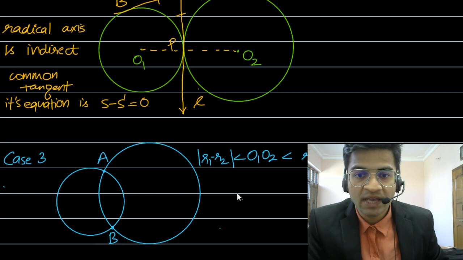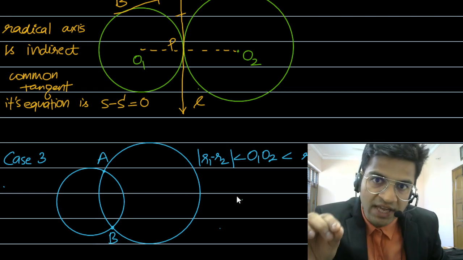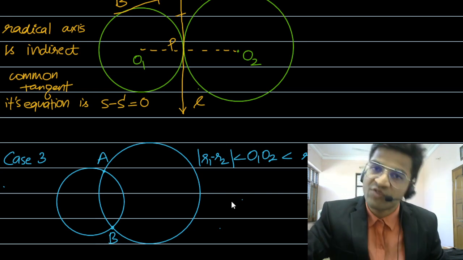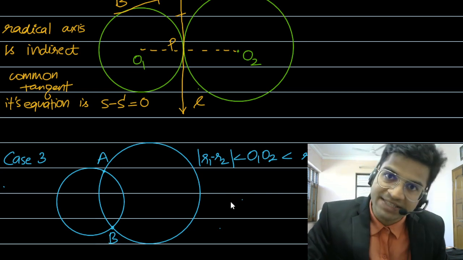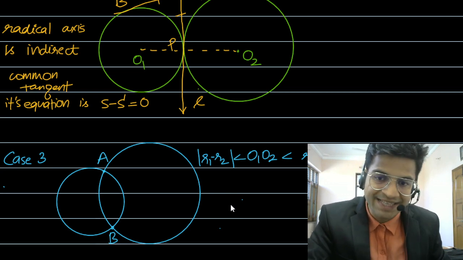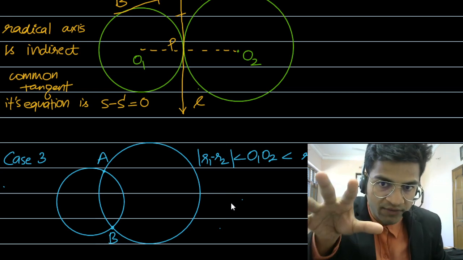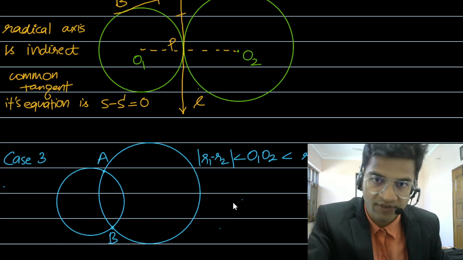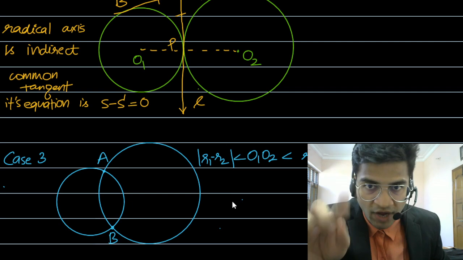It means if you replace coordinates of A in S, it will be equal to 0. If you replace coordinates of A in S dash, it will be the same. So it means for these two particular points, A will make both of them 0, right? The other point is B.